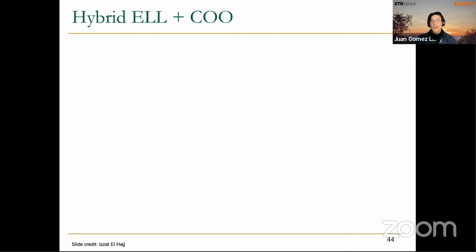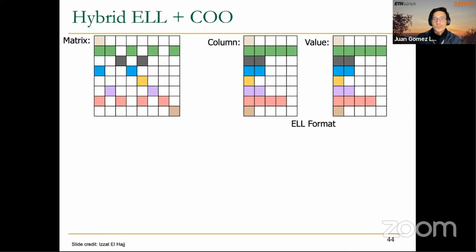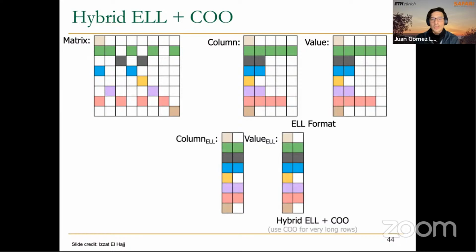We can go for a hybrid ELL plus COO format, where what we do is storing the matrix in the ELL format as we did before. But now we are going to somehow cut the rows so that in the ELL format, we are only going to store some elements of the row.